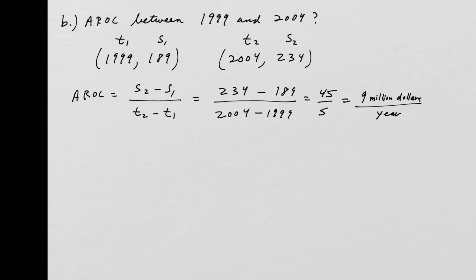Okay, so that's all you really need to do if you're asked to find the average rate of change given some information in a table. Let's say now you're given the information using a graph.